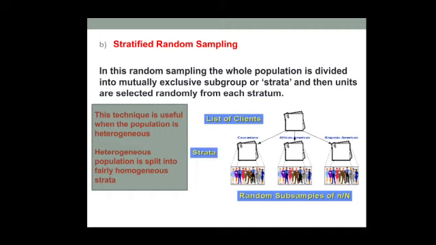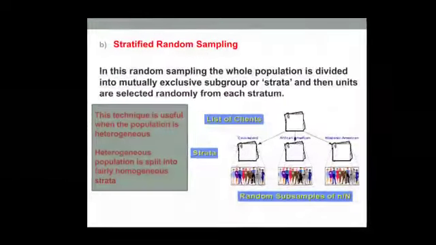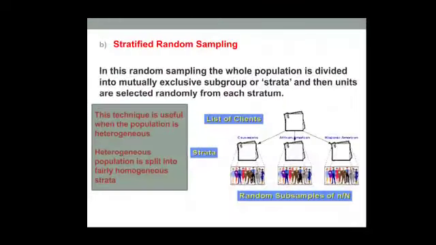So suppose in the previous example about SSLC students' perception, the researcher may divide the entire SSLC students in Kerala into 14 subgroups on the basis of district. Okay. And units are selected from each district randomly. That is stratified random sampling.